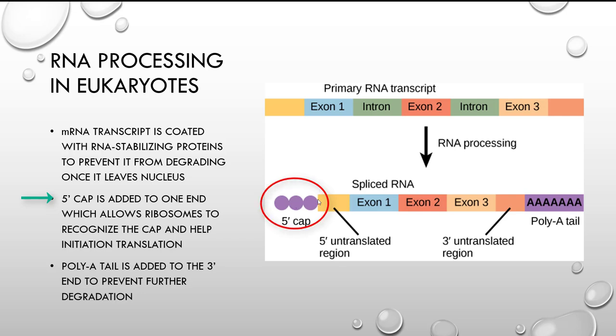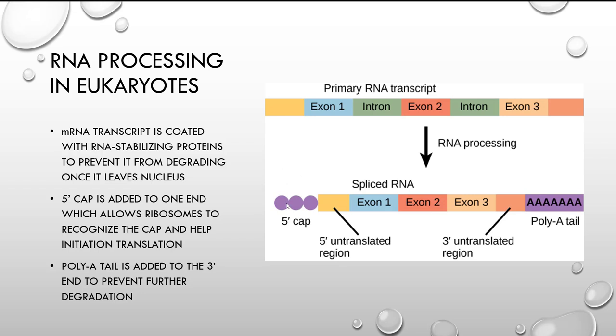At the end of the mRNA strand, it receives this 5' cap. That helps prevent it from being degraded by enzymes out in the cytoplasm, but it also helps when the ribosome comes along, because it knows where to attach, which end to attach to.